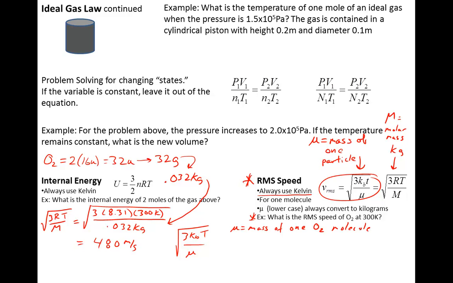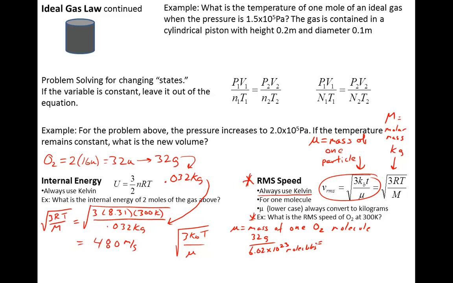So here's what I have to do. I take my 32 grams, and I've got to divide that by 6.02 times 10 to the 23rd molecules.